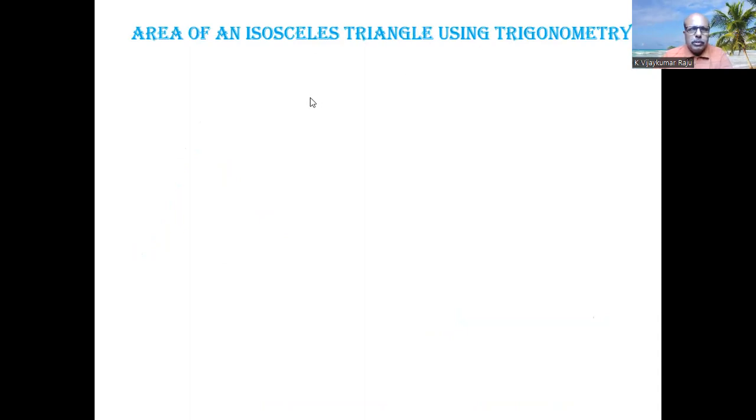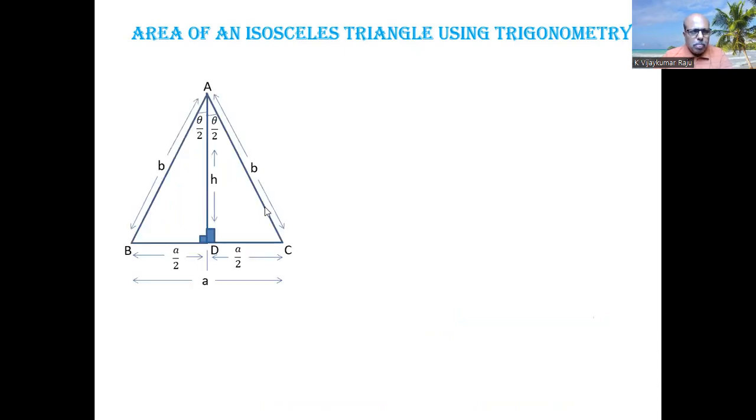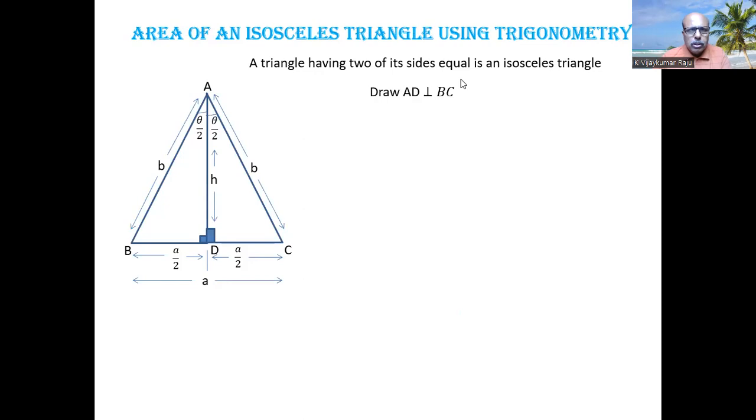Now when you use trigonometry, in an isosceles triangle only two sides are equal. So here I am going to use this particular angle. Now this angle, when you draw a perpendicular, it divides it into two equal parts. So let us see how. A triangle having two of its sides equal is an isosceles triangle, which you already know. So draw AD perpendicular to BC.